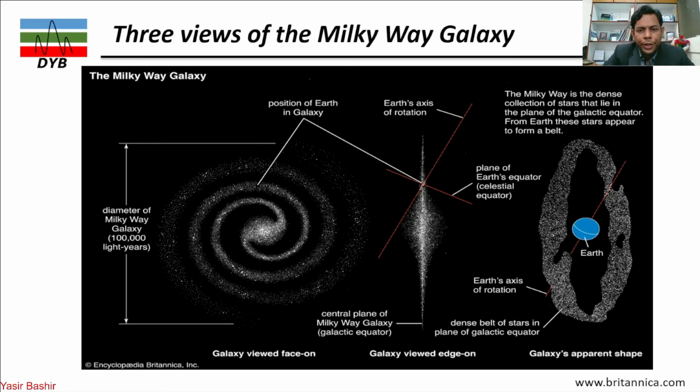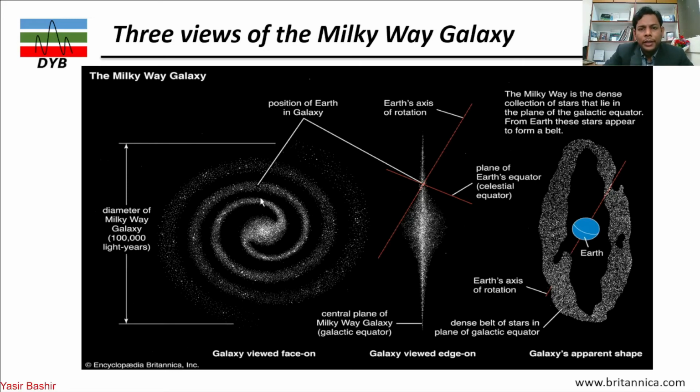So there are three views of the Milky Way galaxy, just to show the place where we are. This is the Milky Way. Here I mentioned that in some places you will find the diameter of the Milky Way is 100,000 light years. It still is huge.